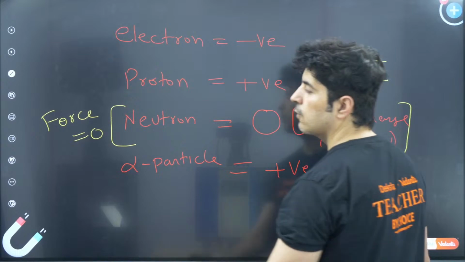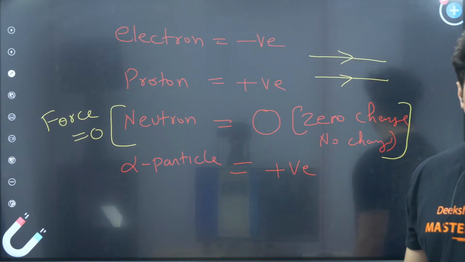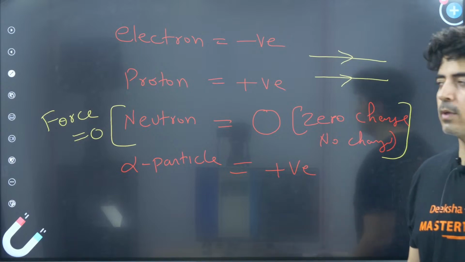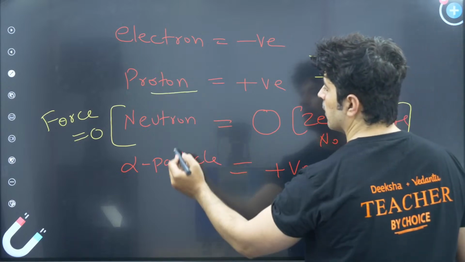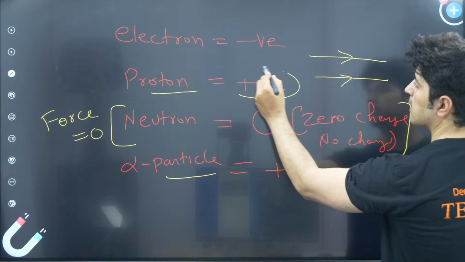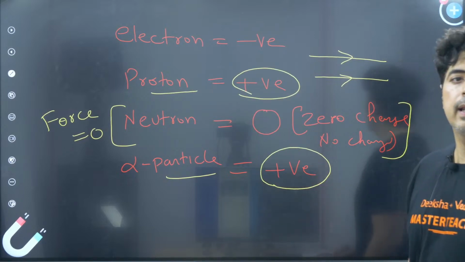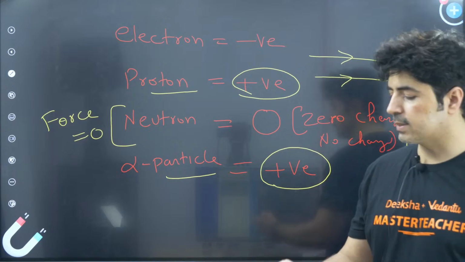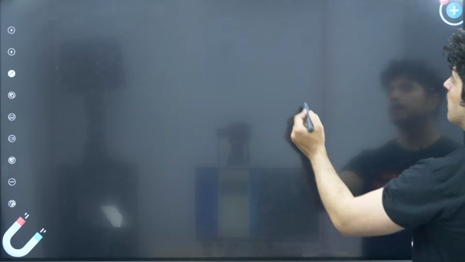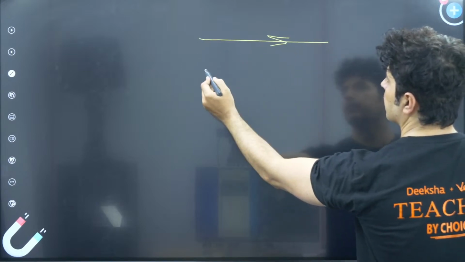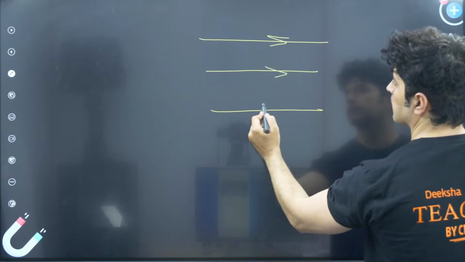It will always be zero. Why? Because there is no charge. So neutron, however it moves, it will always be zero. When proton and alpha particle both are positive, as you can see, they both will follow Fleming's left hand rule. What is it? Let's see our next slide. So let's say we have magnetic field in this direction.